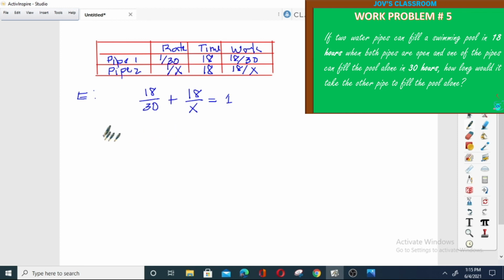So multiply both sides of the equation by the LCD.